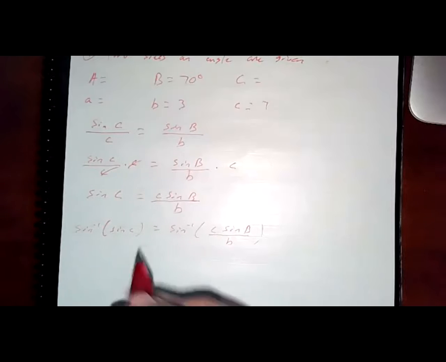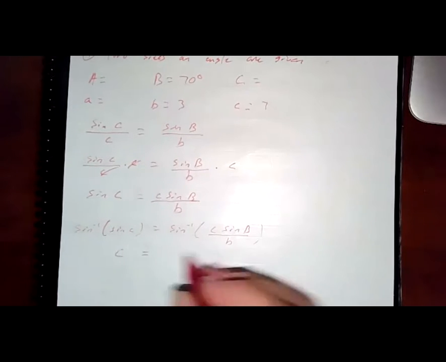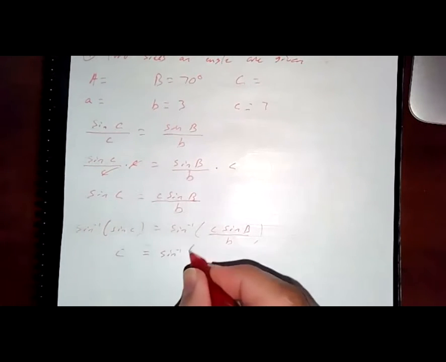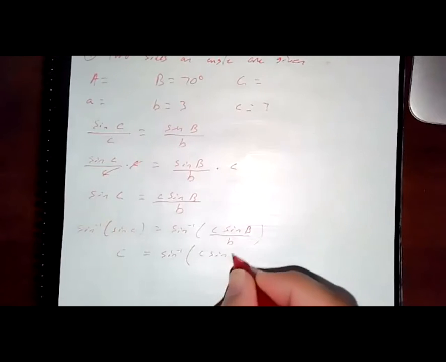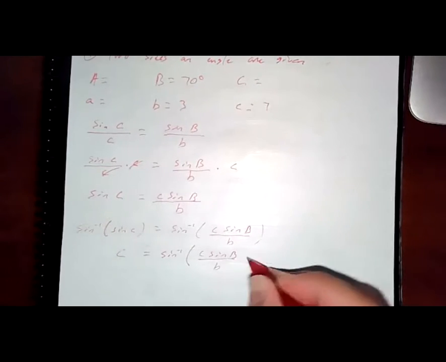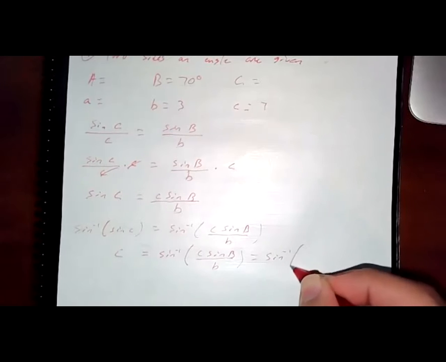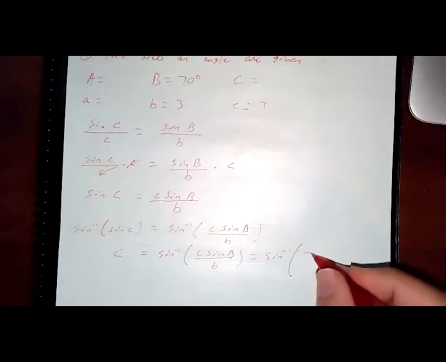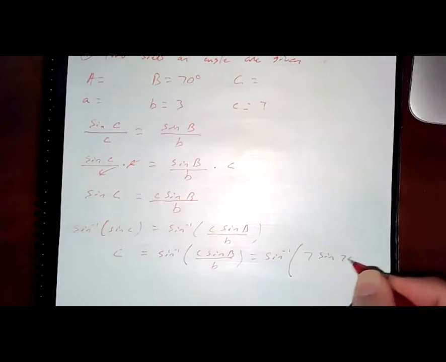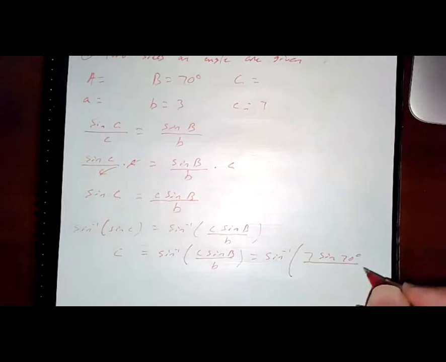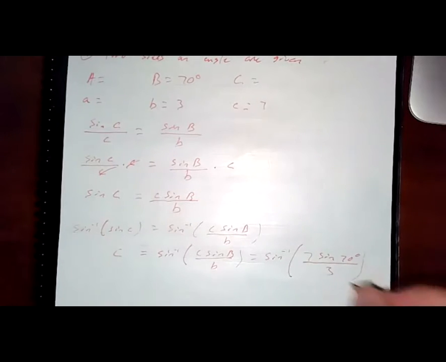Right, so just plug it in. So C is equal to sine inverse of 7 sine 70 over b, which is 3.